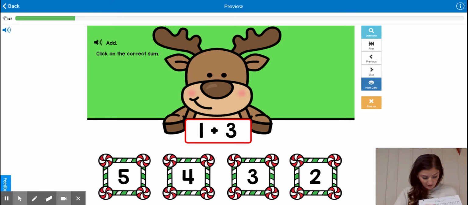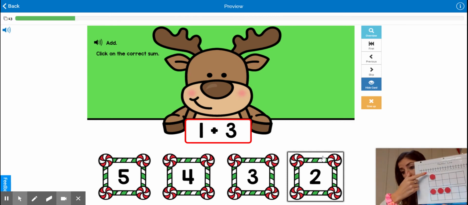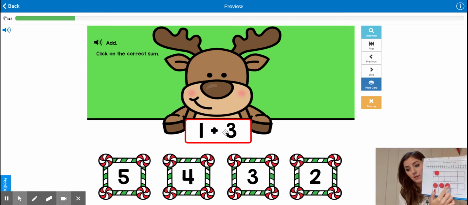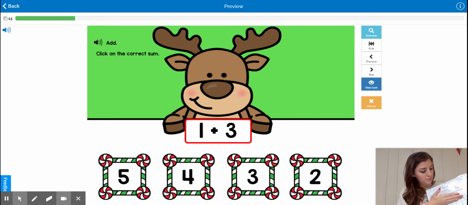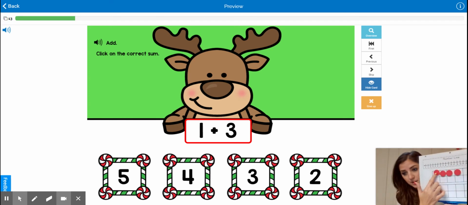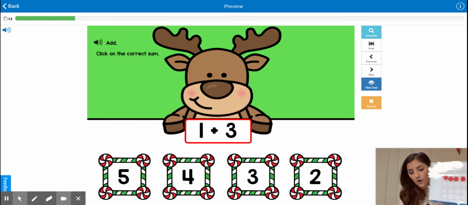Another way to look at this problem is to say you have a group of 1, and you're going to put it together with a group of 3. Here's my group of 3. So when I put them together, how many do I have now? 1, 2, 3, 4.